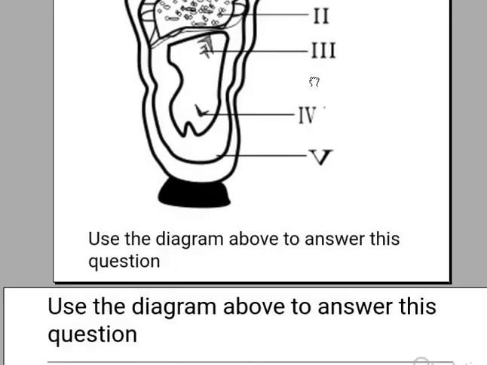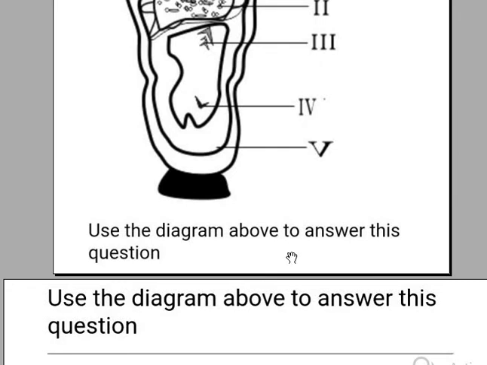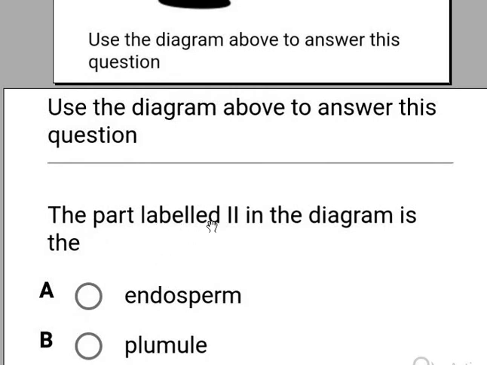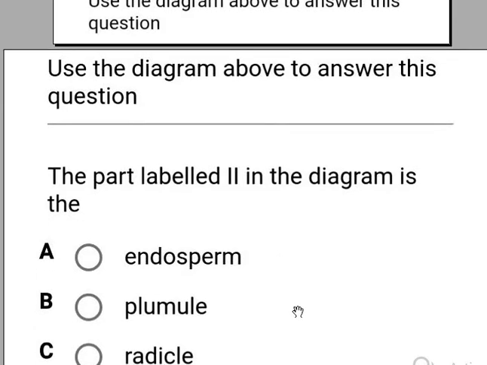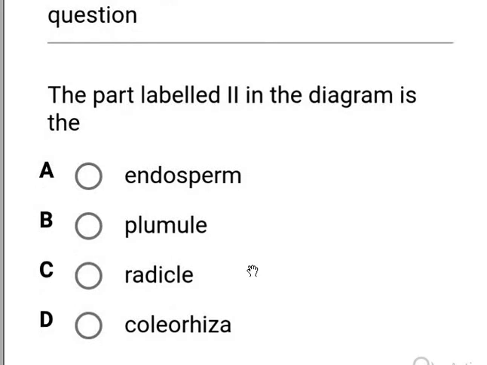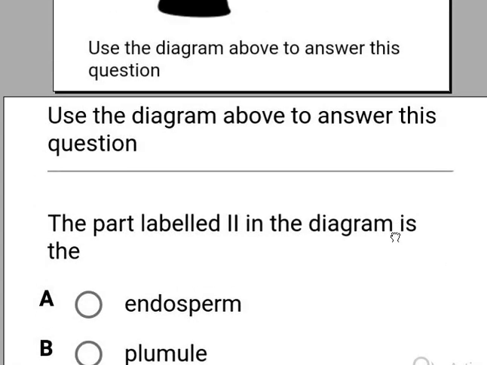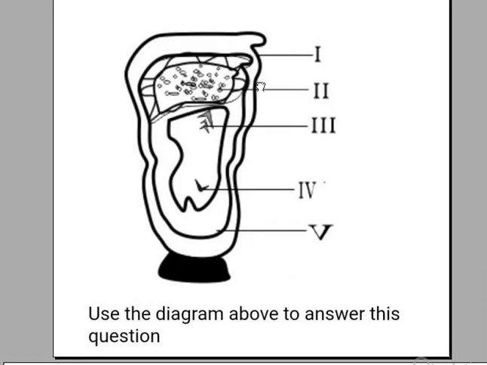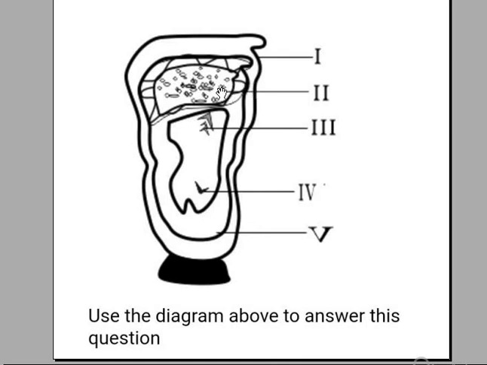The question is: the part labeled Roman 2 in the diagram is A, endosperm, B, phloem, C, radicle, and D, chlorhiza. So the option is endosperm, which is Roman 2 from the diagram. So here we all know that it is endosperm.